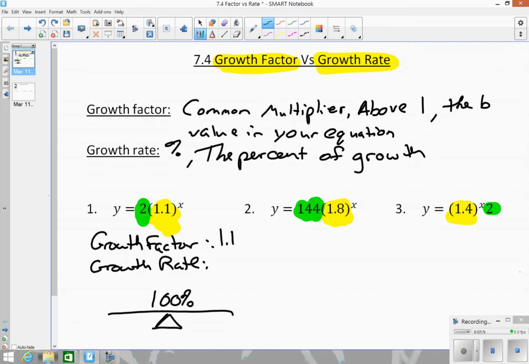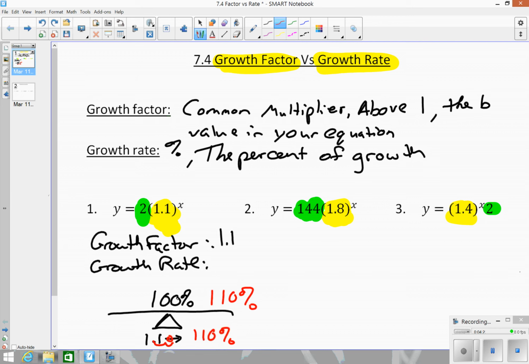If you change 1.1 to a percent, you would take your decimal and move it 2 places to the right. It would actually be 110%. So is 110% to the right of 100% or to the left of 100%? It's actually to the right.